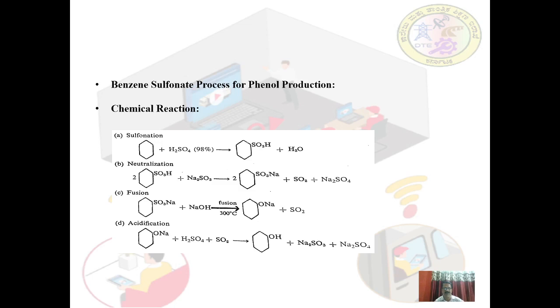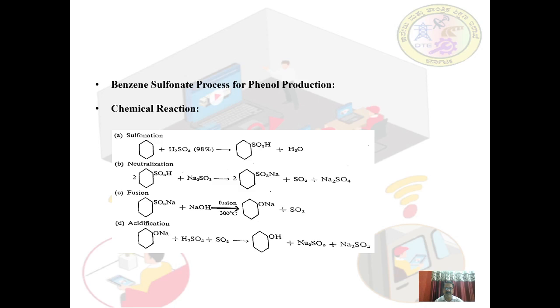In the sulfonation process, benzene is sulfonated in presence of 98% sulfuric acid, to benzene sulfonate. This benzene sulfonate is neutralized in presence of sodium carbonate to sodium benzene sulfonate, and it produces sulfur dioxide and sodium sulfate.